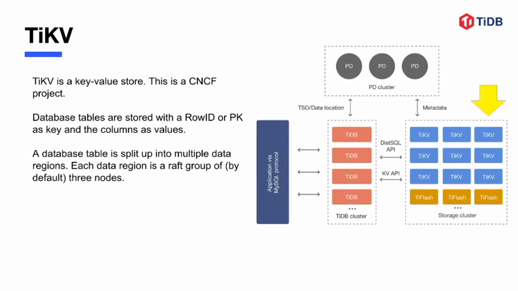As an end user, you don't really notice this. You don't really see it. It just looks like a regular MySQL. So the fact that it's key value, that's nice to know if you want to look at the inner workings. But from the application standpoint, you don't need to care about that at all.